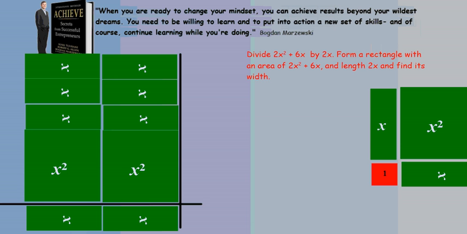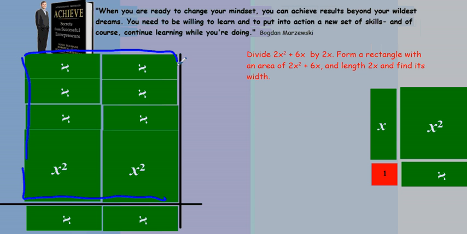So in this example, we need to divide a binomial, 2x squared plus 6x, divided by 2x. So this is the challenge. From a rectangle with this area shown right here on the left side of the screen, we have 2x squared tiles and 6x tiles.